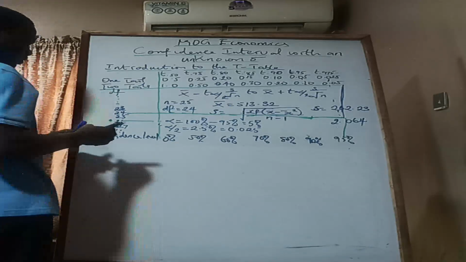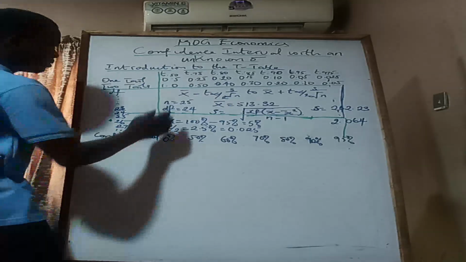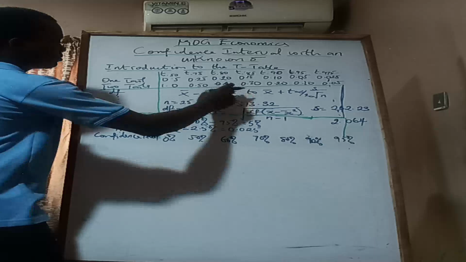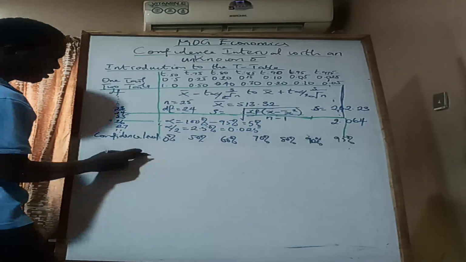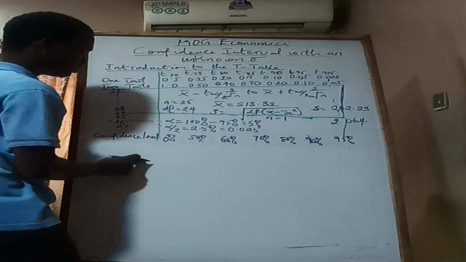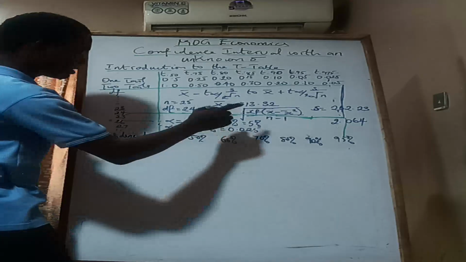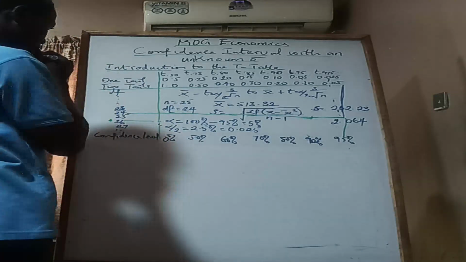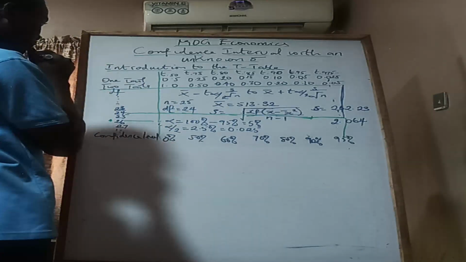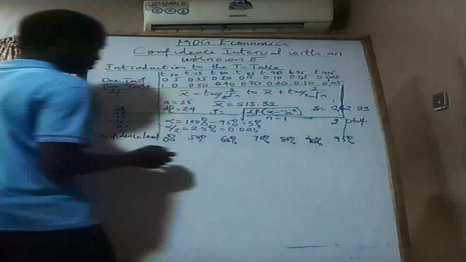So bringing everything together, you already got this t, so s over root n. I think we solved that. Standard deviation over root n. The standard deviation is 262.23.